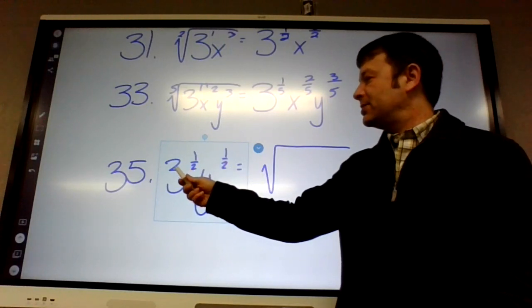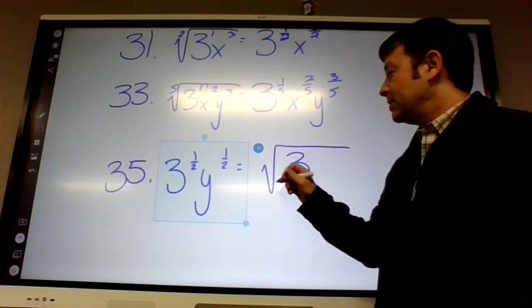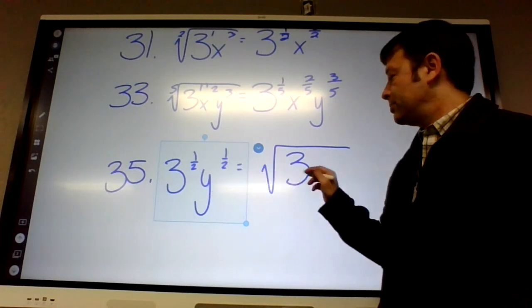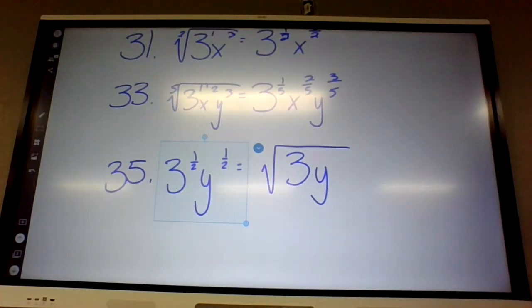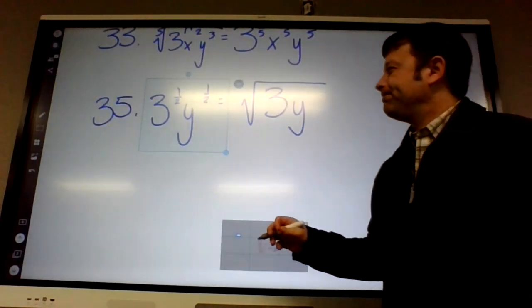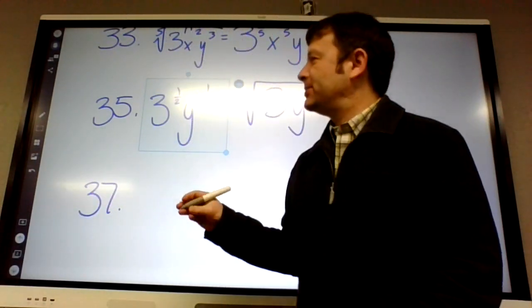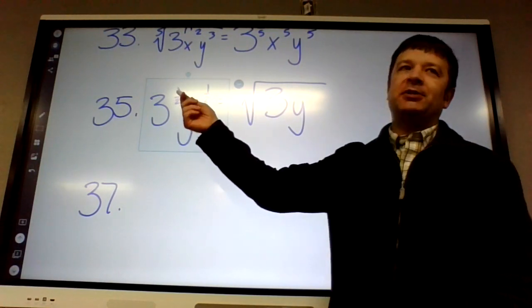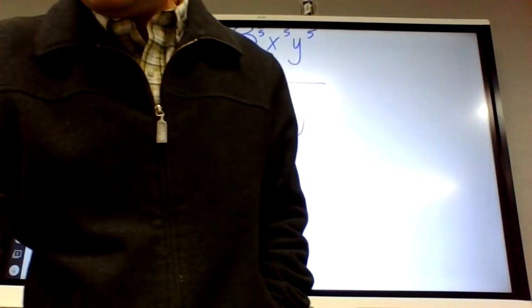And then this is 3 to the 1, which is just a 3. And then this is y to the 1, which is just a y. All right? Just going backwards. So you guys can just remember that the 1/2 power just means the square root. That could save you some work in the future.